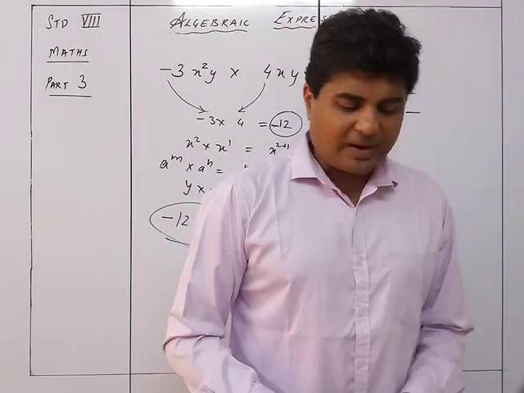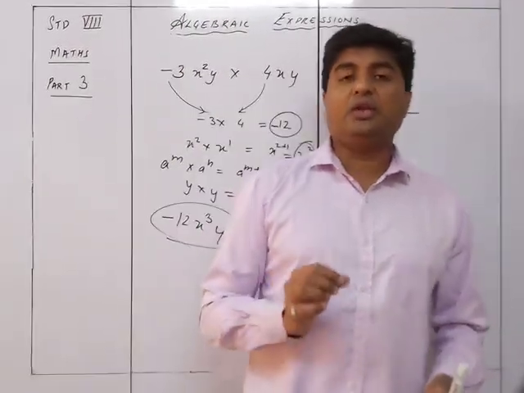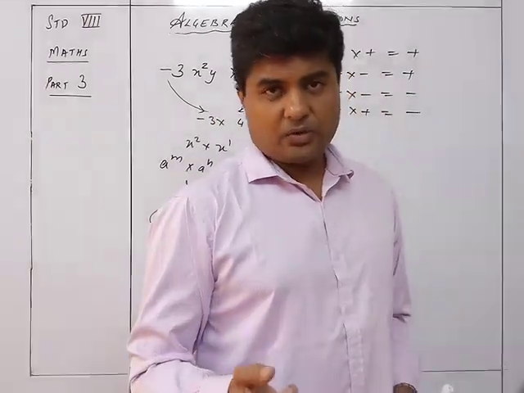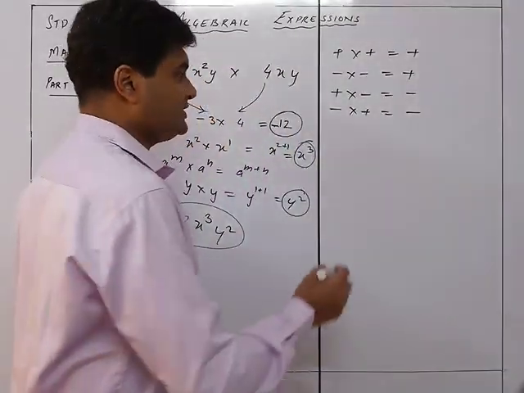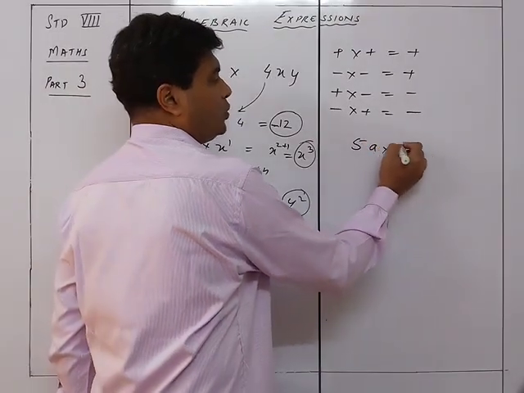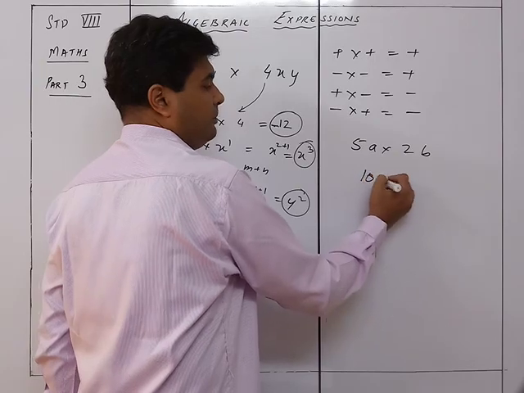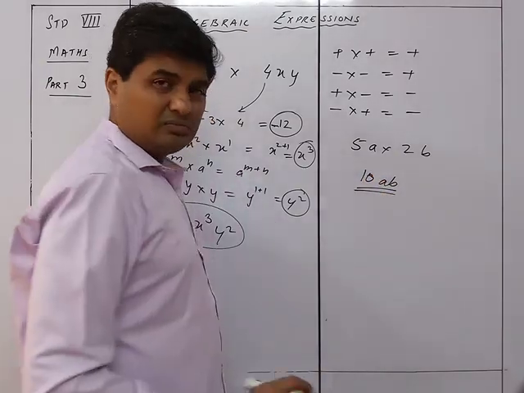So whenever you are multiplying, you are going to multiply the numerical coefficient, and then you multiply the literal coefficient. So literal coefficient, suppose it is this way, 5a into 2b, then it will be 5 2s are 10, and a into b will be ab. That's the answer. Okay.